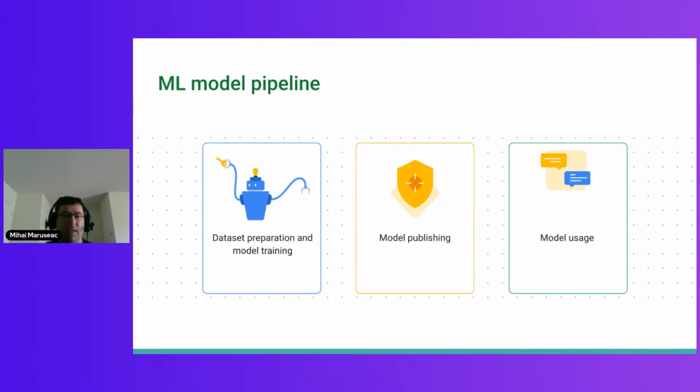So you can take the model that has been trained and put it into a model hub, so in Kaggle, in Hugging Face, and so on. And finally, the third stage, which again can be a separate team, is taking the model from the model hub and deploying it into an application. So now you have an AI-powered application that will either send the request over the internet to a model or will have the model embedded inside the application. So for example, you could have a mobile application that uses an embedded model inside the phone.